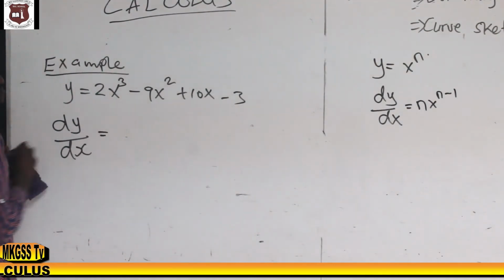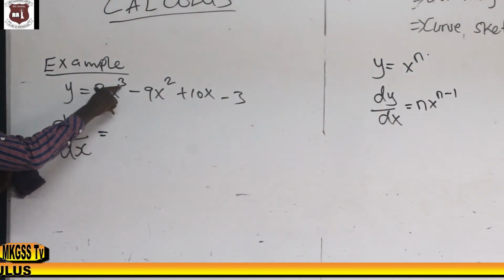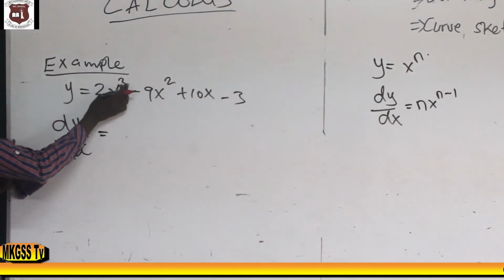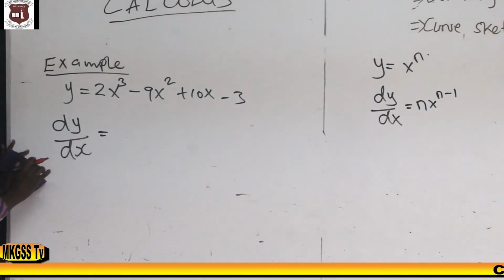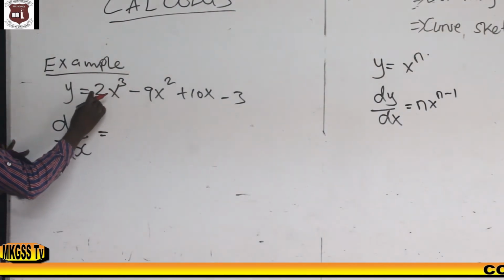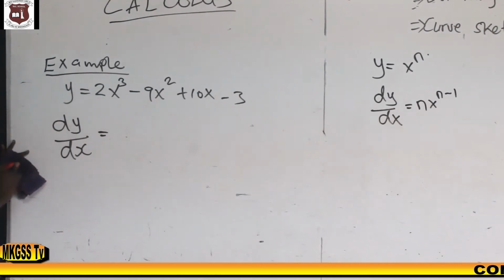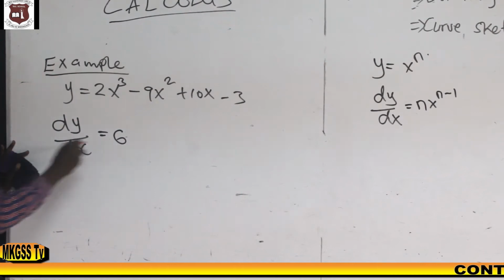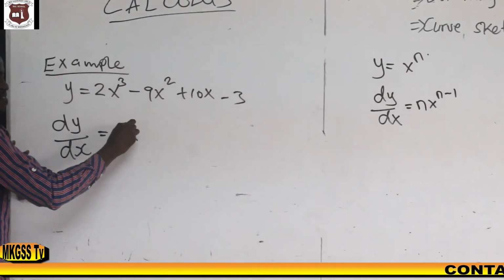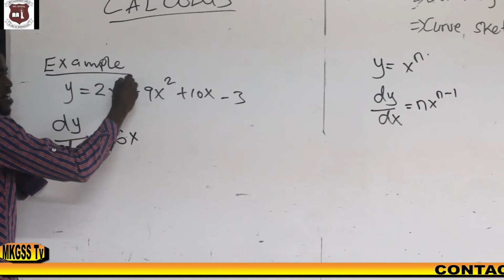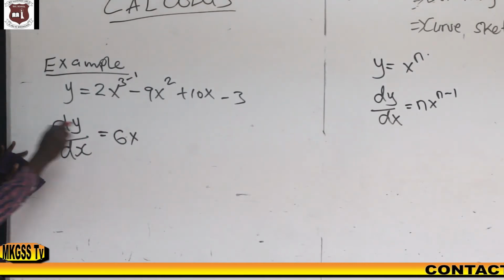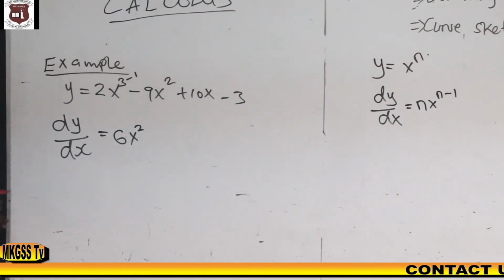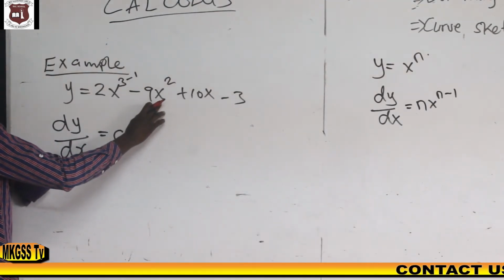So here we begin. We are saying when we start with 2x power 3, then this power 3 multiplies the whole term. It means therefore I will have 3 multiplying 2, so it will be 6. Then I will have x, then the power of x is reduced by 1. I will subtract 1, therefore the power will be 2. The same applies to the next term.